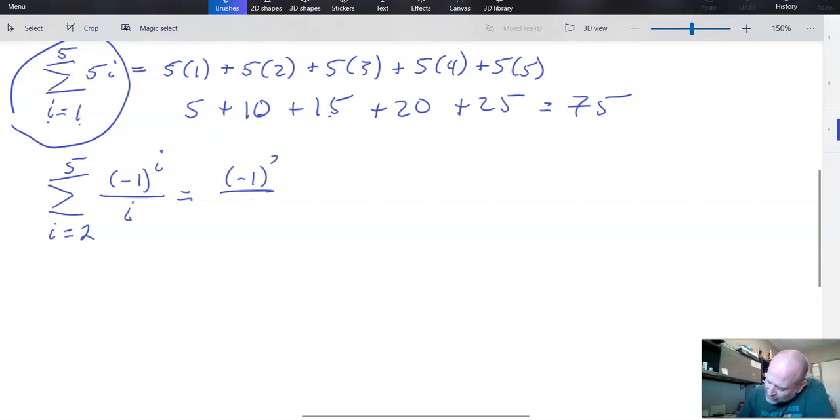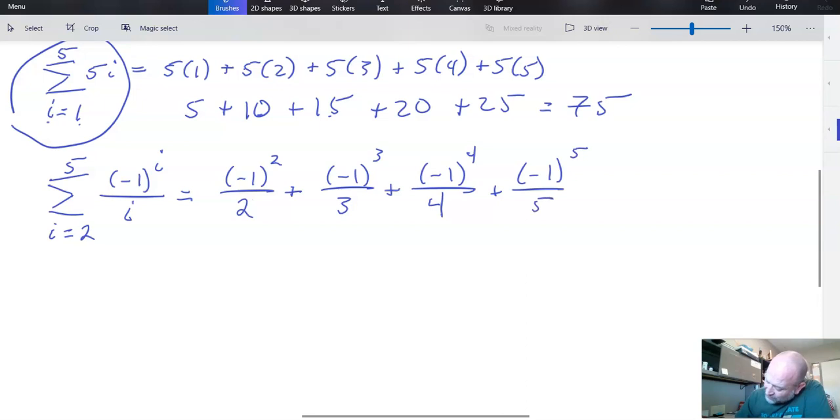Okay, so we'll start it at 2, and that means I have a 2 in the denominator. And then the next one, I have -1 to the 3rd over 3, and then -1 to the 4th over 4, and then the last one, -1 to the 5th over 5.